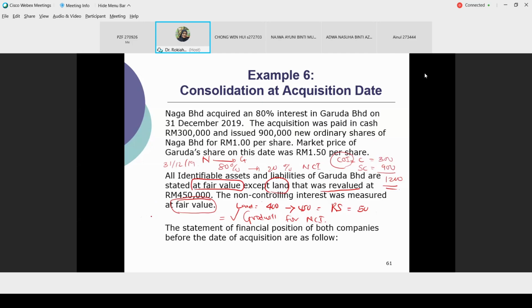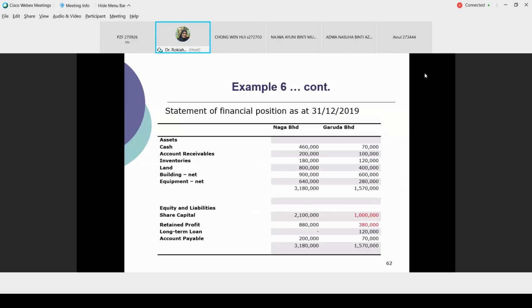This is the statement of financial position, and we focus on Garuda because Garuda is the subsidiary. This is the net assets that they have.